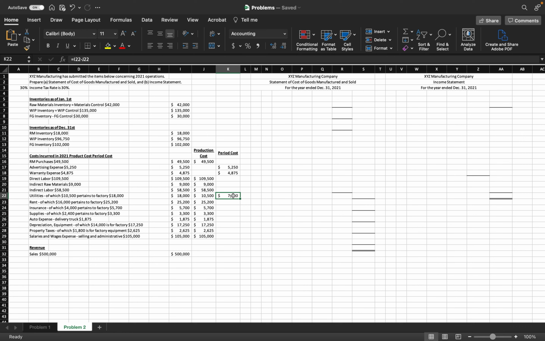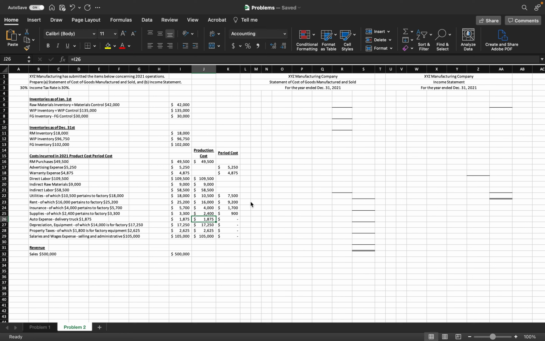A lot of these coming up are going to have period components as well. So for the rent, we know that 16,000 pertains to the factory, and we go ahead and calculate that out. 4,000 for insurance. For supplies, we have 2,400.